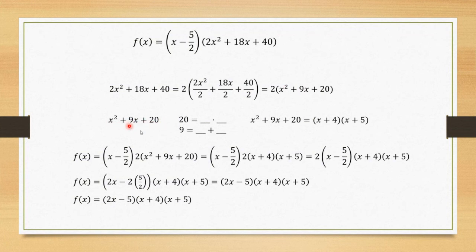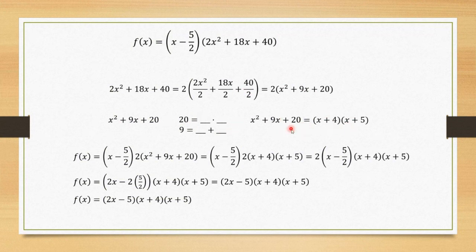We can find 2 numbers whose product is 20, whose sum is 9. Normally I would ask everyone to find those numbers, but I have them already listed. The 2 numbers whose product is 20, whose sum is 9, that would be 4 and 5.